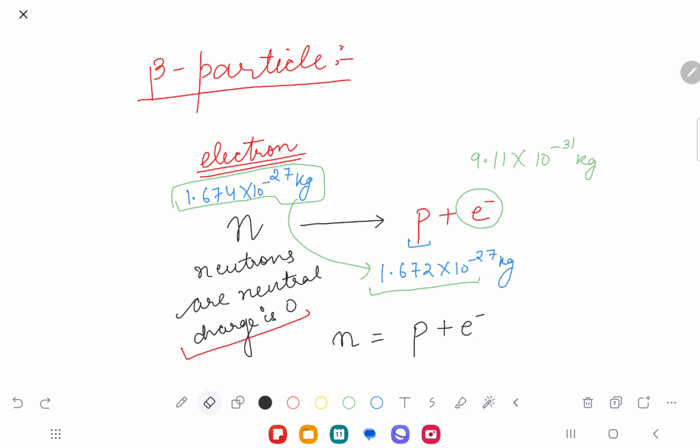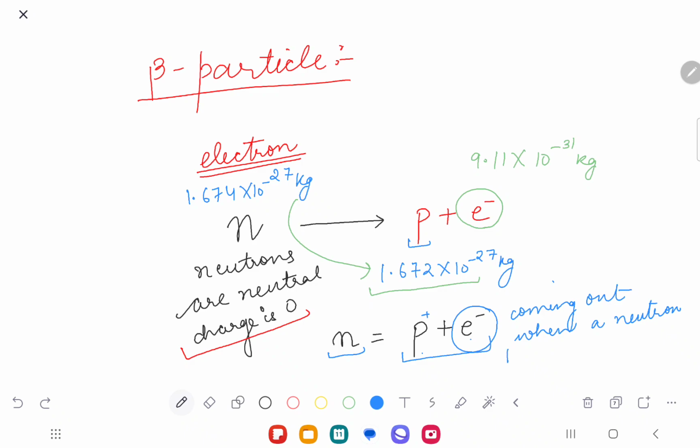You understand? And when this happened, going forward, you have to assume that whenever in the nucleus the neutron breaks, it will always break into a proton and an electron. And that electron coming out when a neutron breaks is called a beta particle.